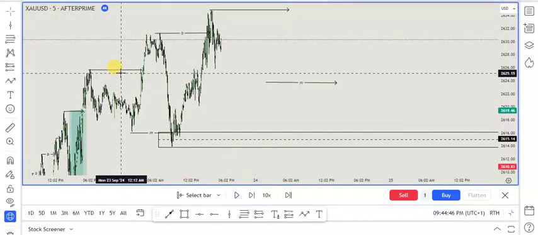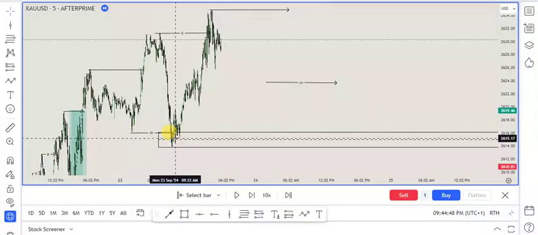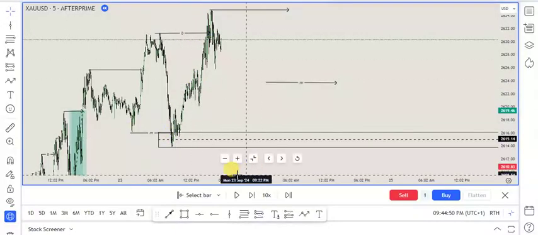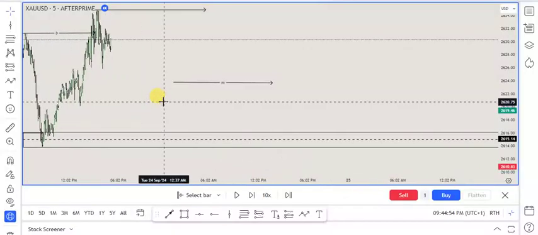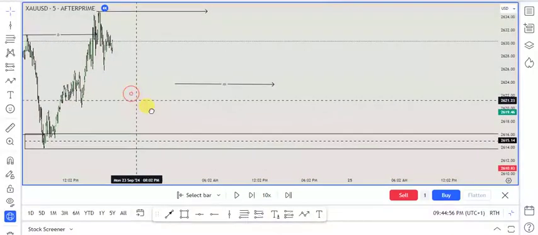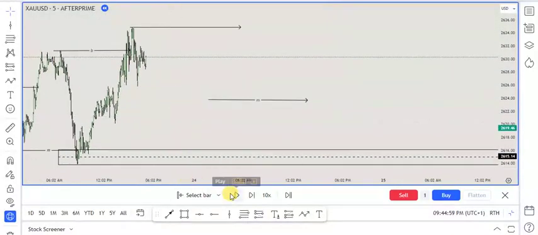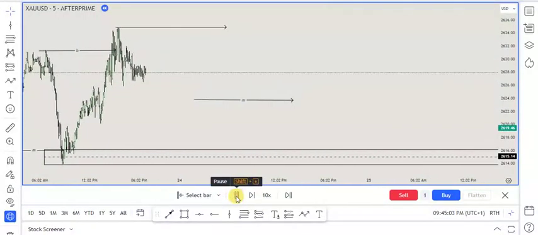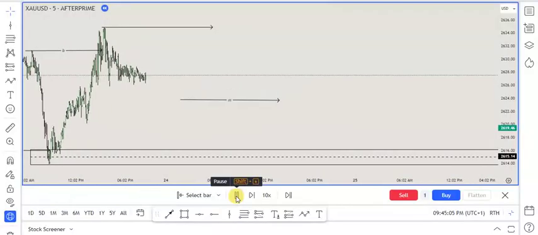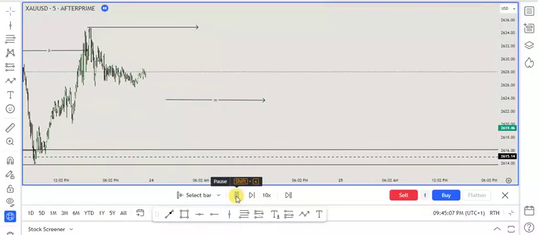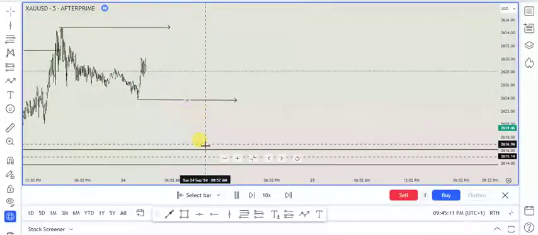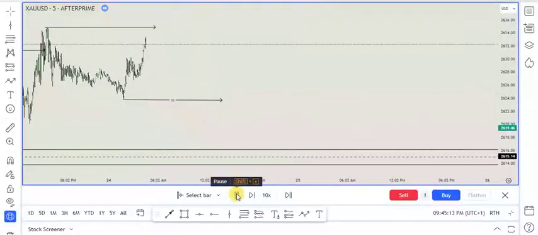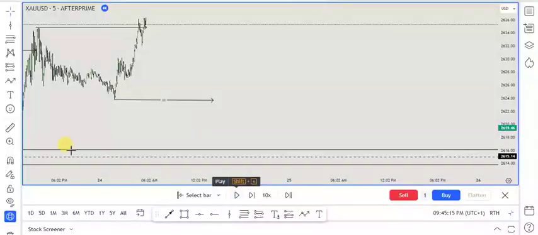And you see the break of structure, then the manipulation, then another break of structure. Now if you look closely, what are you going to see? You're going to see a flag limit. But let's wait for price to give us the second break before we call it. We're waiting for the second break, right? Which is this level here. Okay, we got the break.